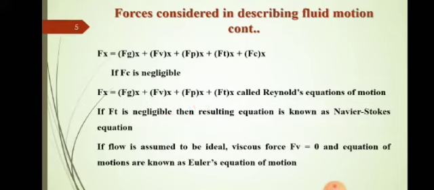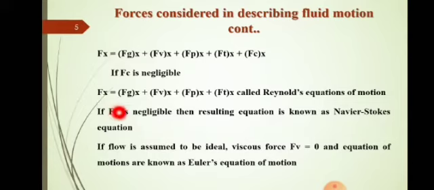Okay, so if the flow is assumed to be ideal, then viscous force Fv is equal to 0. What is an ideal fluid? An ideal fluid has no viscosity, so the force due to viscosity will be 0. That is, the second term will be 0. The resulting equation is known as Euler's equation of motion. So what will be the resulting equation?